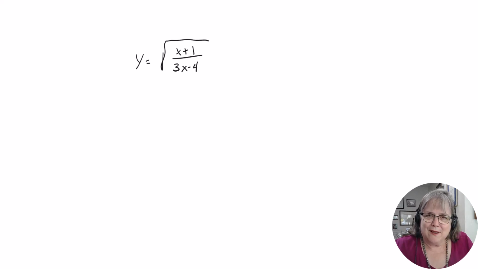Now let's try one, and we have y is equal to the square root of (x plus 1) over (3x minus 4). Now, if I was not going to use logarithms, I could think of this as y is equal to ((x plus 1) over (3x minus 4)) to the 1/2.